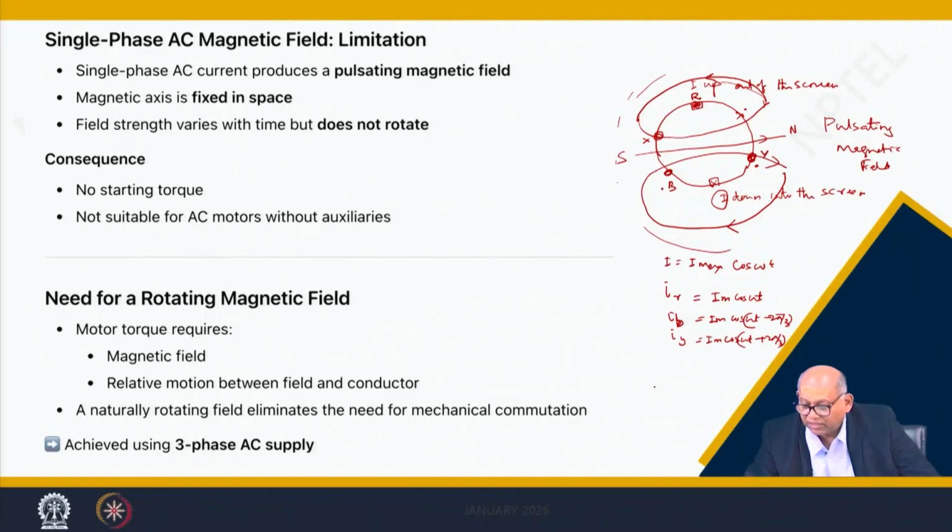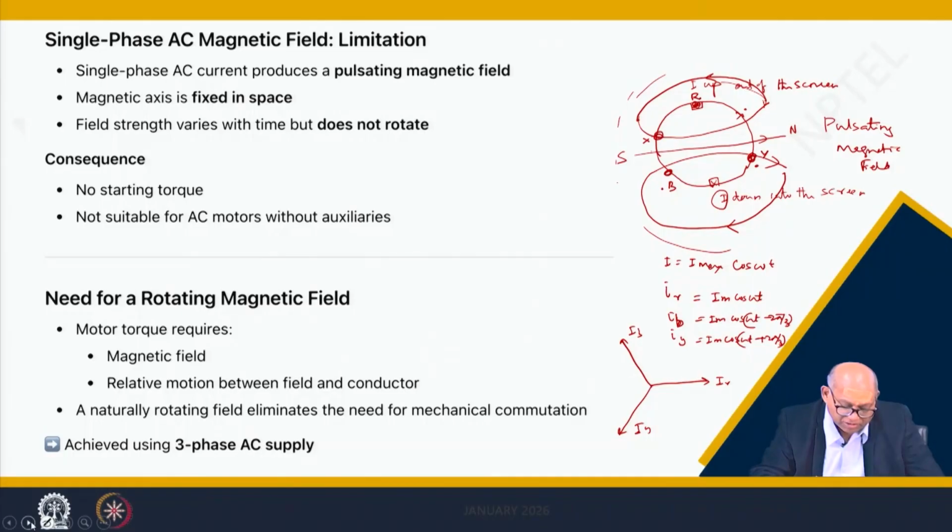If you see the phasors, this is the IR phasor, this is the IY phasor, this is the IB phasor. That means they are 120 degrees apart. Let me change the color for the sake of your understanding.